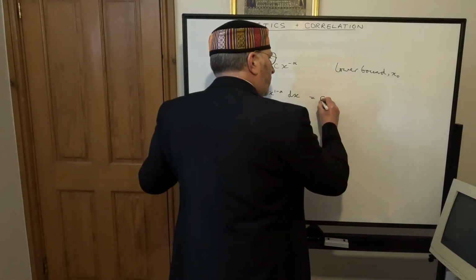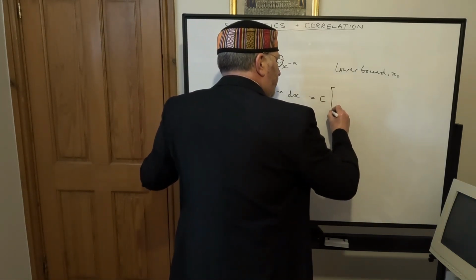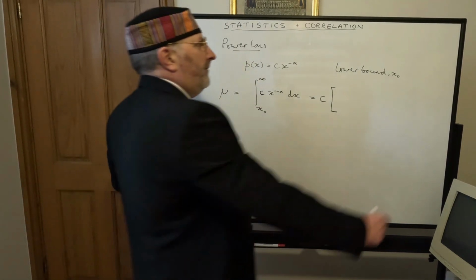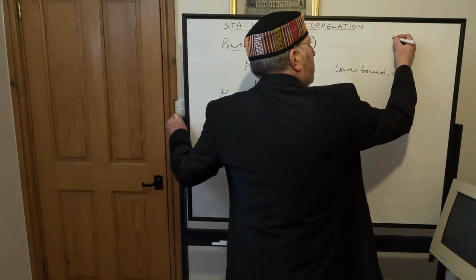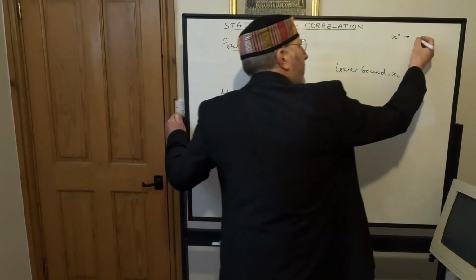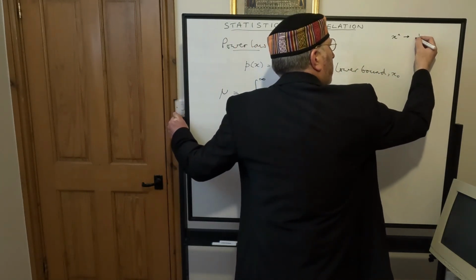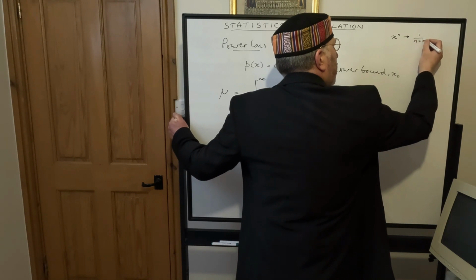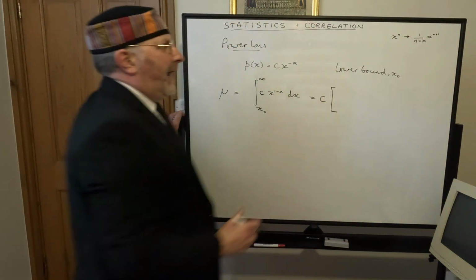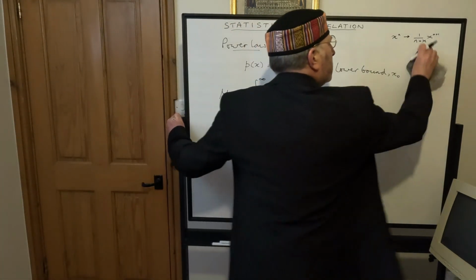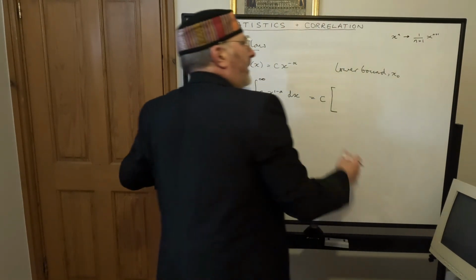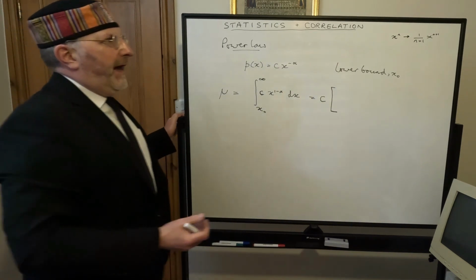We can bring the constant out. And to integrate x to the 1 minus alpha, you should remember from the calculus part of the course that if you've got x to the n, it goes to 1 over n plus 1 times x to the n plus 1. That's the antiderivative of x to the n.